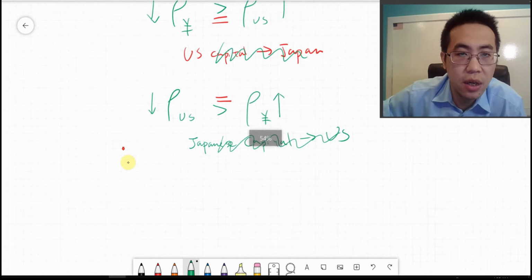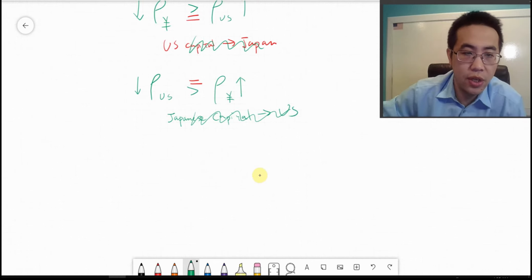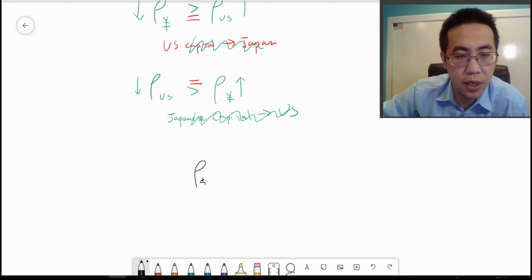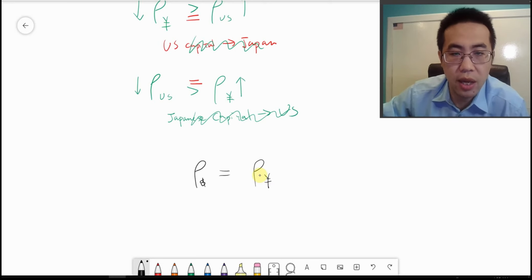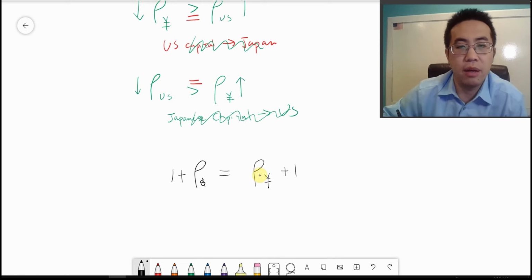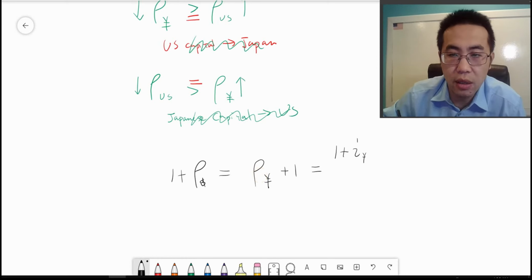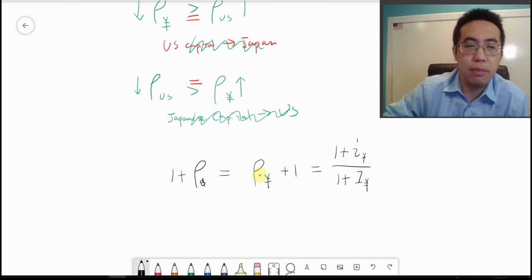With that being said, we can set up another equation. The equilibrium situation is that the real rate in the US, denominated in dollars, equals the real rate in Japan. I can do some algebra here, adding 1 to both. The real rate of Japan plus 1 is the nominal rate of Japan divided by 1 plus the inflation of Japan.